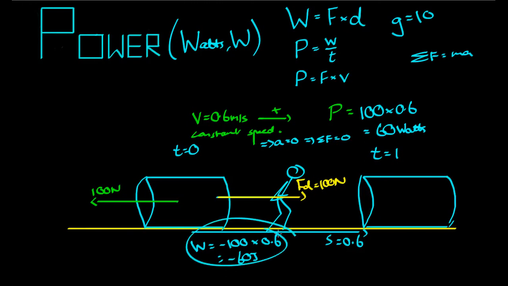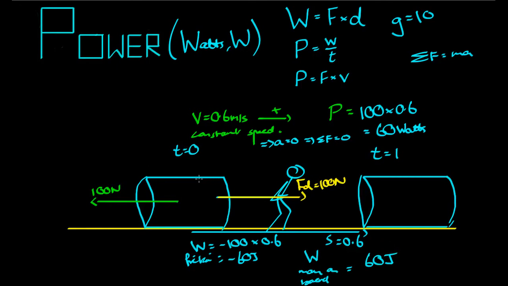If this is the work done by friction, and this barrel and the man are not accelerating, so it's constant speed, that means that this must also be the work between this point and this point, which the man put into the barrel. So that's the work of friction, and this is the work of the man on the barrel. So that also equals 60 joules.